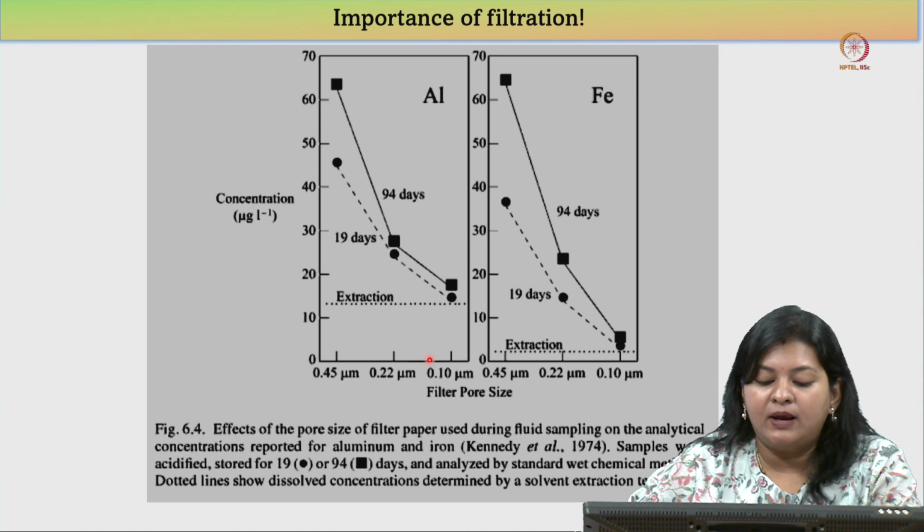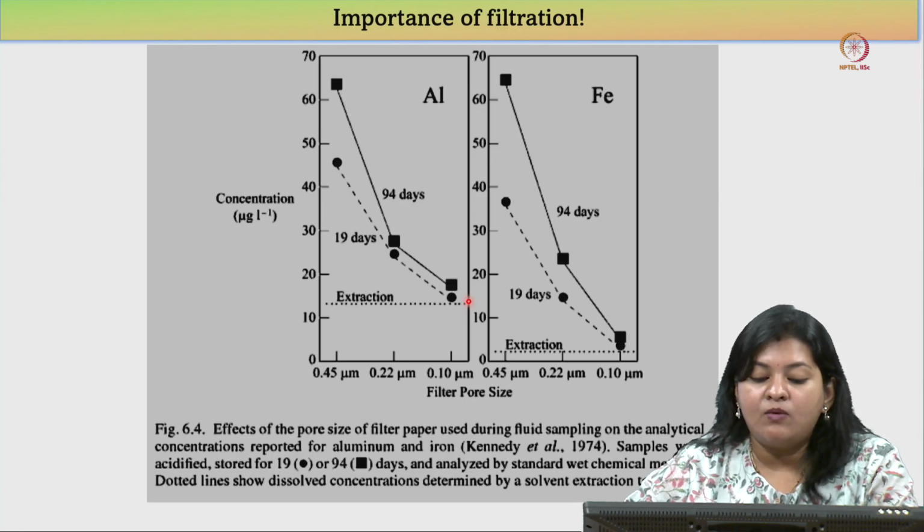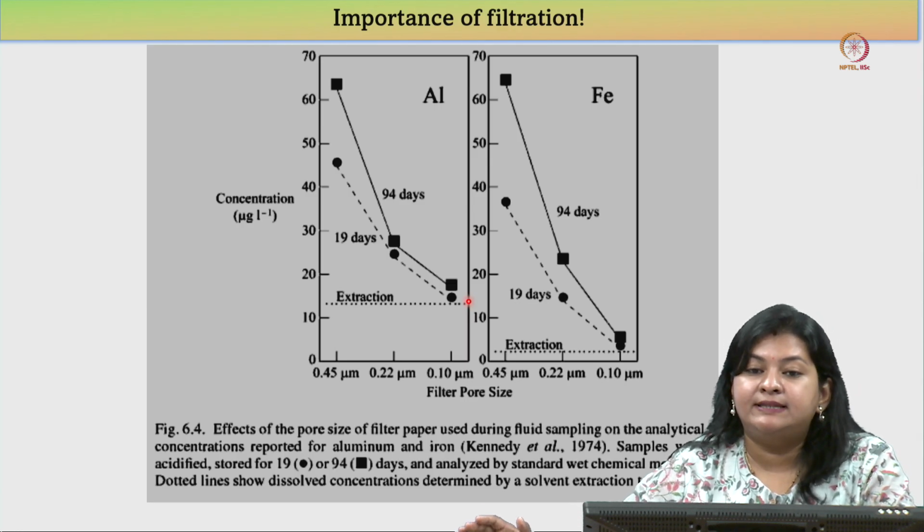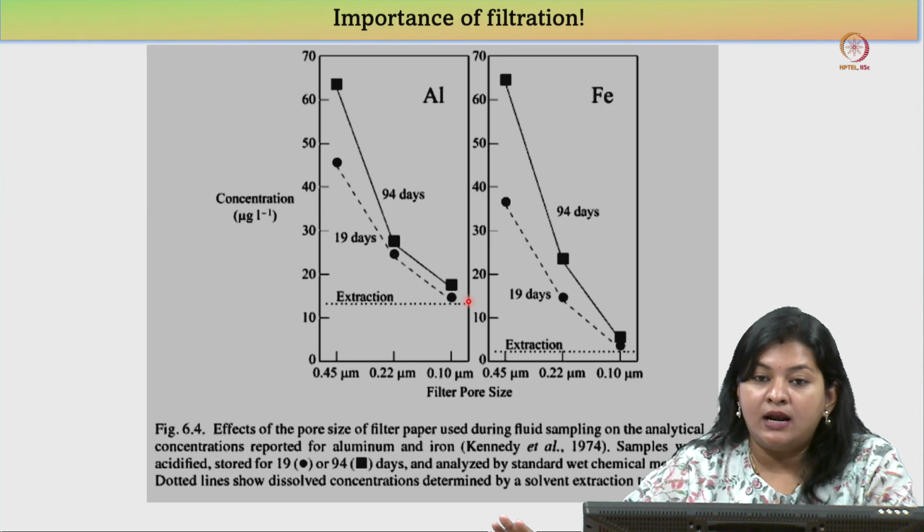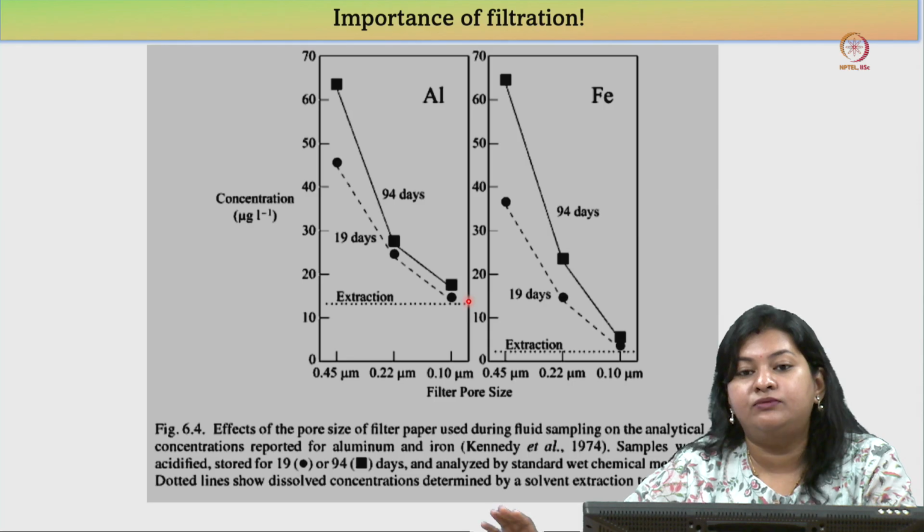And the one filtered using 0.10 had the lowest concentration after 19 days, around 11 microgram per liter. Now, what happens if that same water was allowed to stay and analyzed after 94 days.